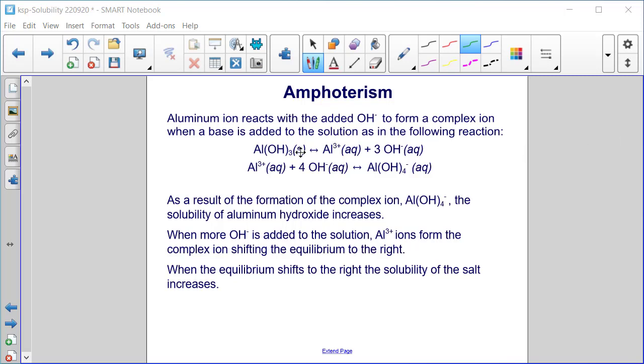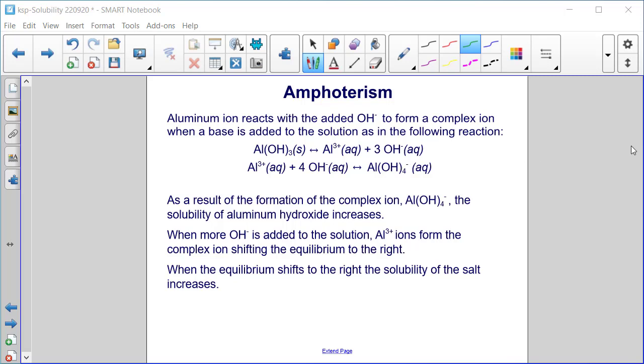So let's assume I have an equilibrium solution of aluminum hydroxide. And then I add more hydroxide, making the solution more basic. And these aluminum ions can form a complex ion with that excess hydroxide, forming this Al(OH)4 with an overall minus charge.